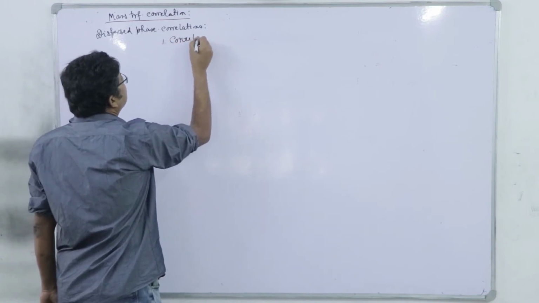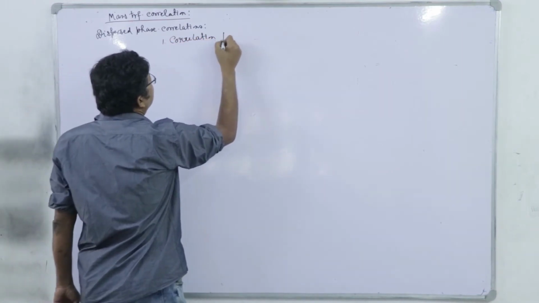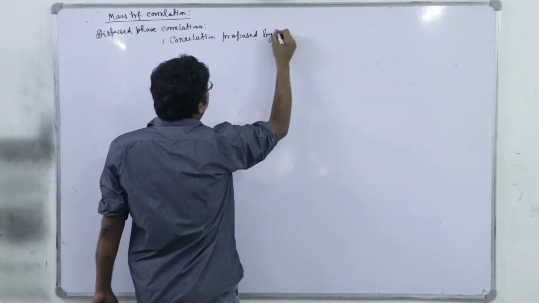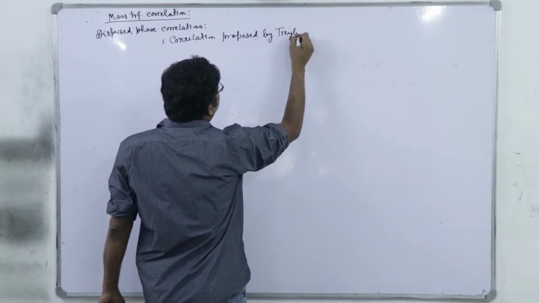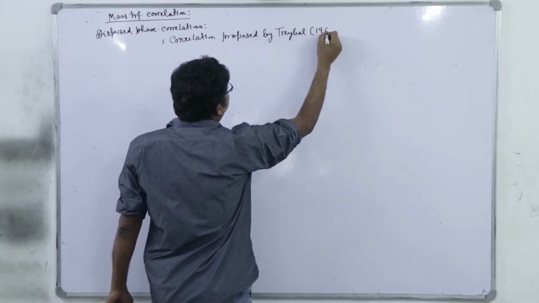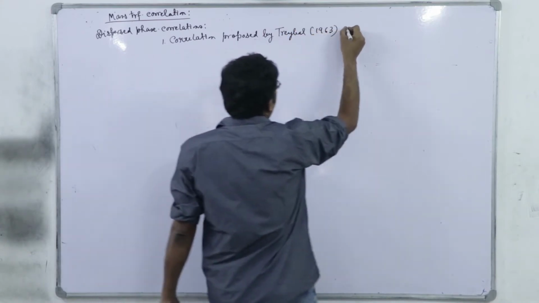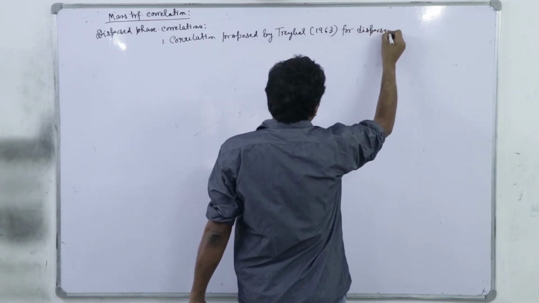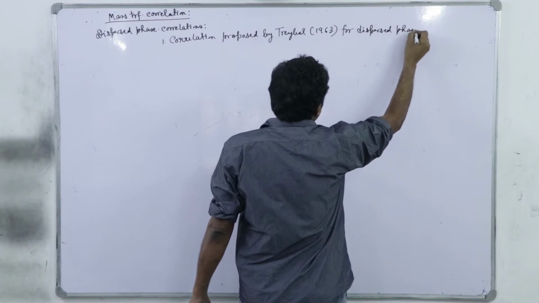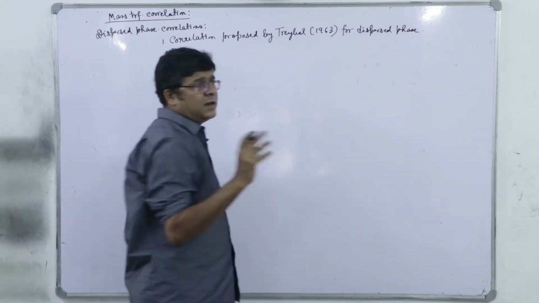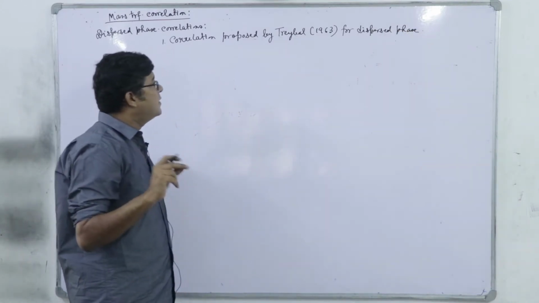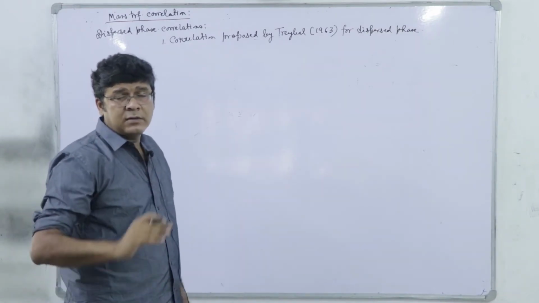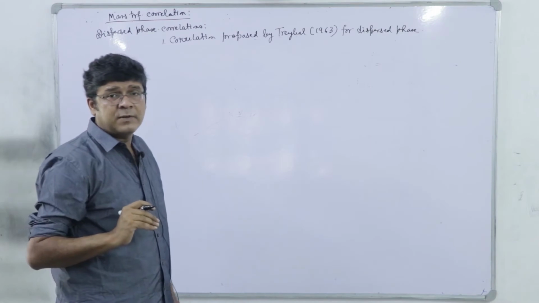This is the correlation proposed by Froessling in 1963 for the dispersed phase. This correlation is specifically valid for an upper threshold of droplet size.